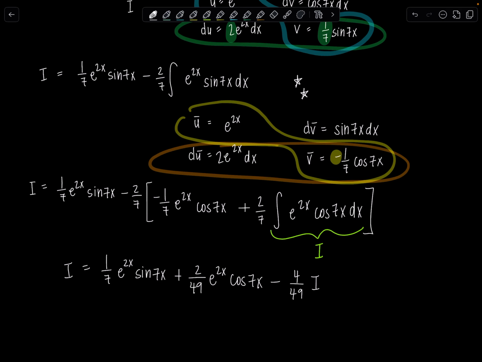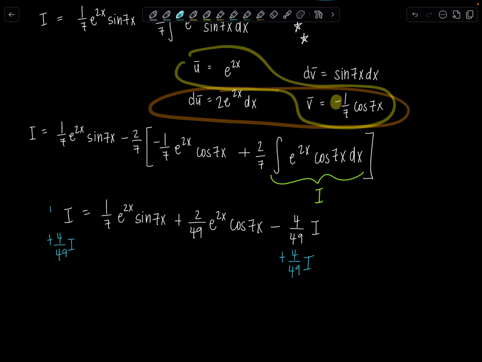Now let's try to solve for or isolate I. I'm going to add 4 over 49I, 4 over 49I. This is 1I, which is 49 over 49, plus 4 over 49 is 53 over 49I. And all of that is 1/7 e to the 2x sine 7x plus 2 over 49 e to the 2x cosine 7x.